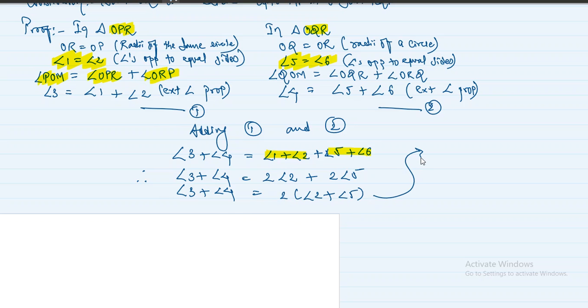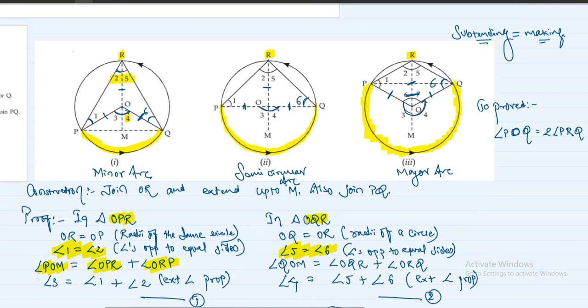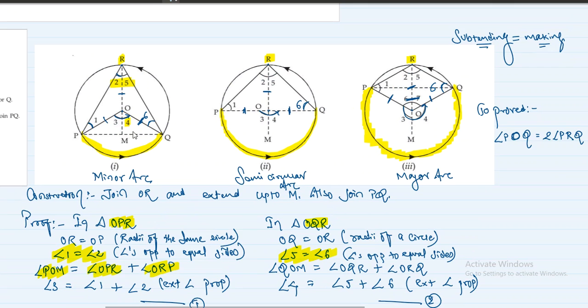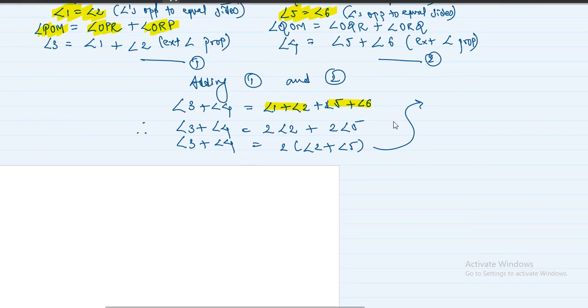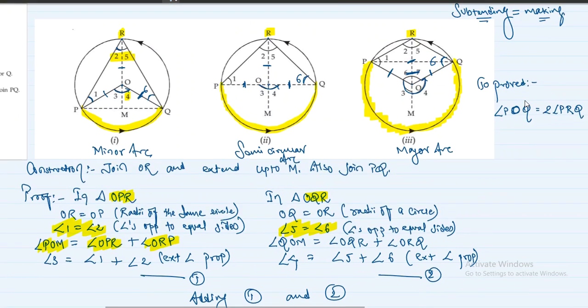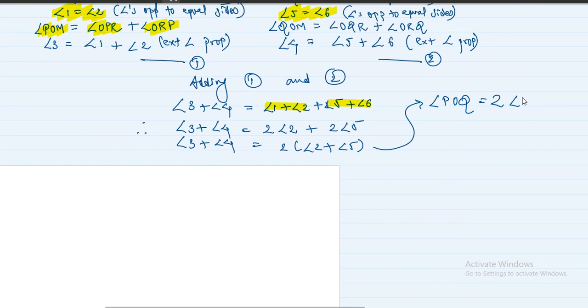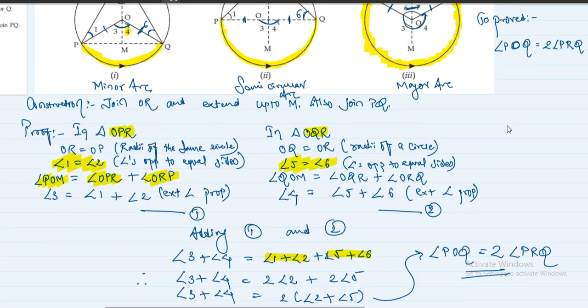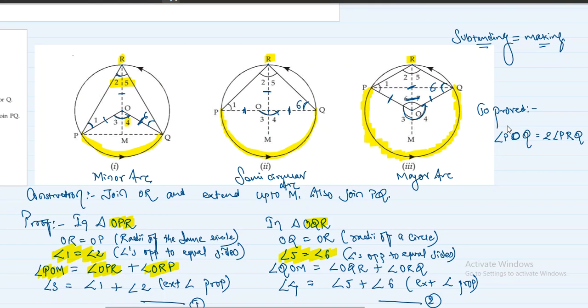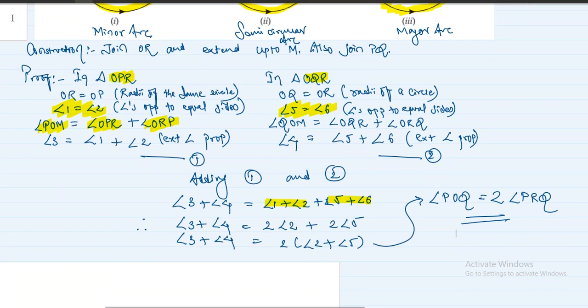And this gives us our final result. You know what is angle 3 plus angle 4? Angle 3 plus angle 4 is angle POQ, in any of the case. So angle POQ is equal to 2 times angle 2 plus angle 5. What is angle 2 plus angle 5? It is PRQ, in any of the case. So angle POQ is 2 times angle PRQ.